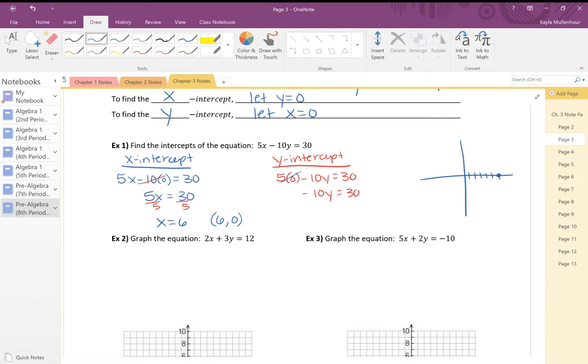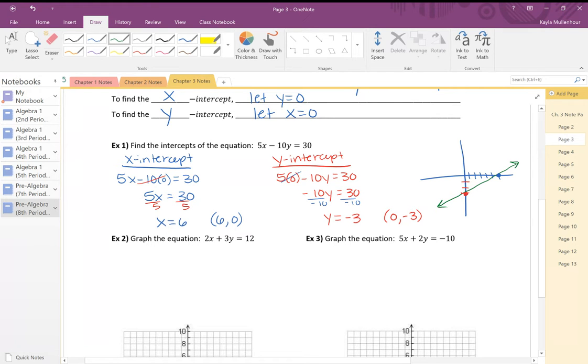Dividing both sides by negative 10 gives you negative 3. So again, that's your y-intercept, where x is 0 and y is negative 3. So 1, 2, 3, there's your y-intercept. And then again, you only need 2 points to determine a line. So when you connect those 2 points, there's your line.